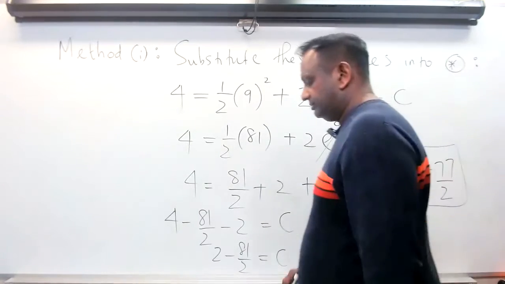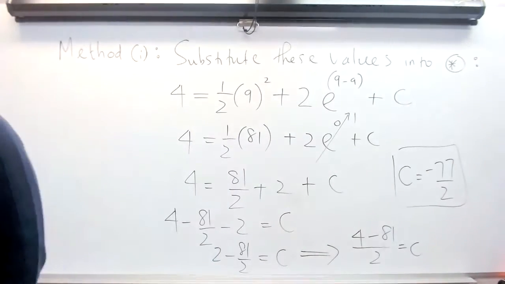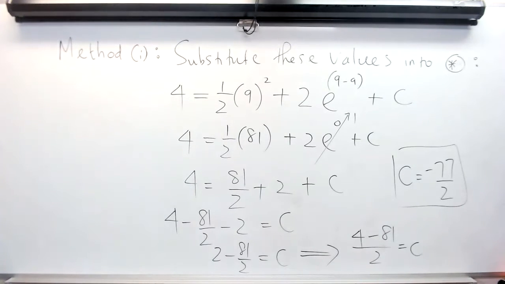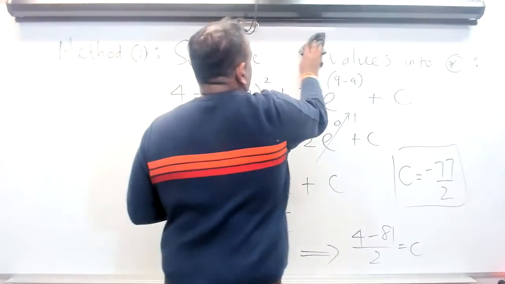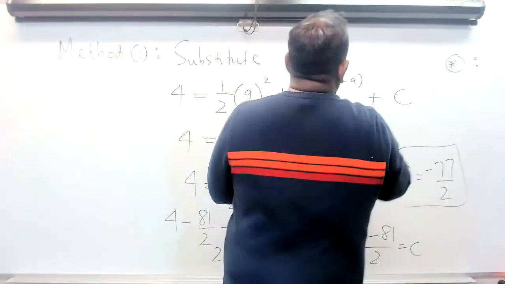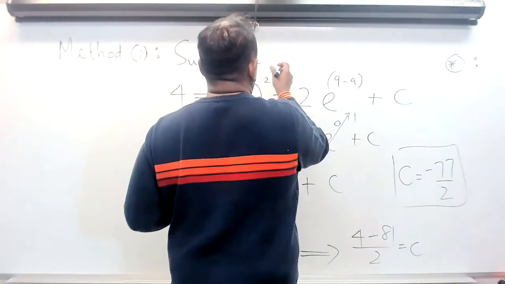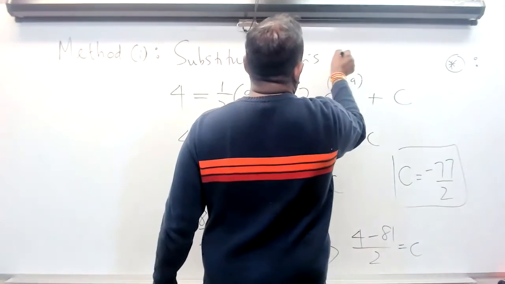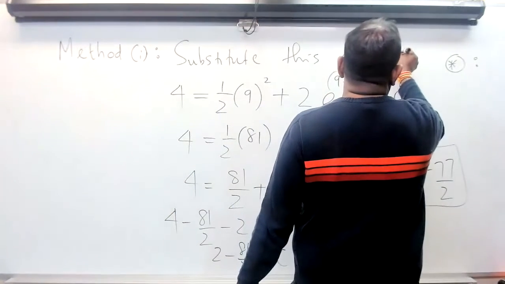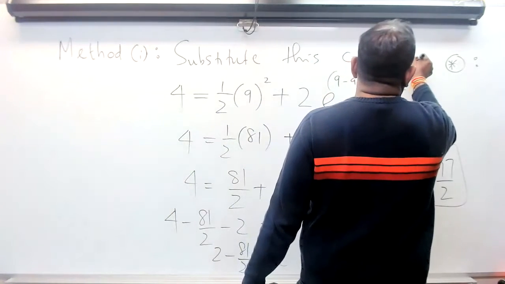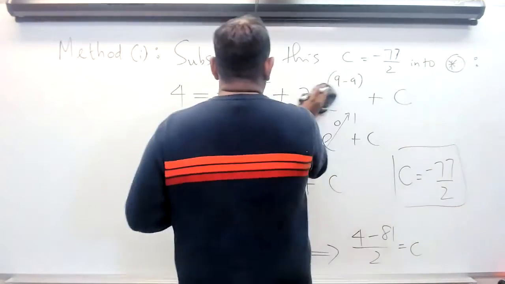Then you plug that c into the original equation, star. Substitute this c, equals negative 77 over 2, into star.